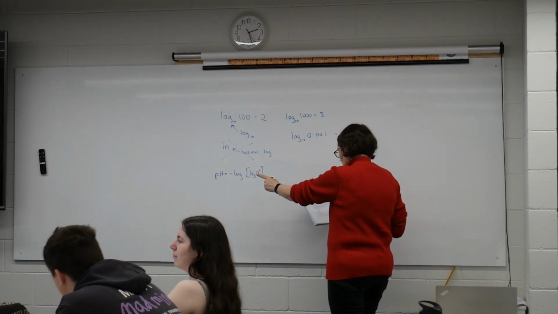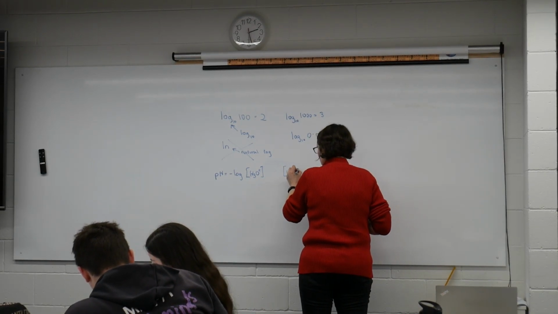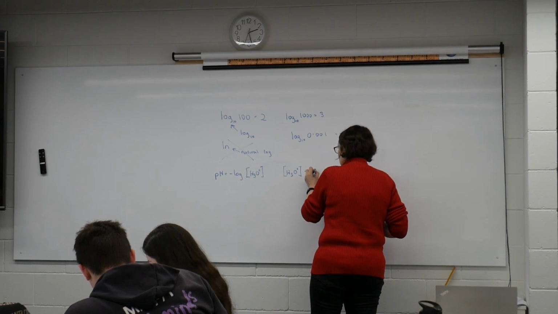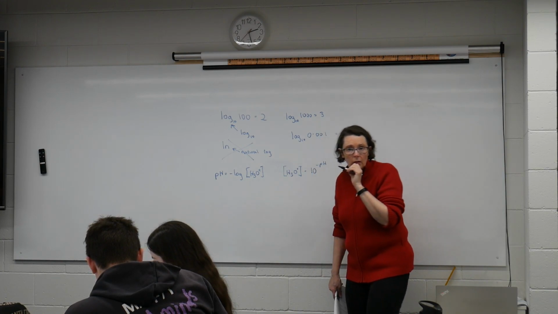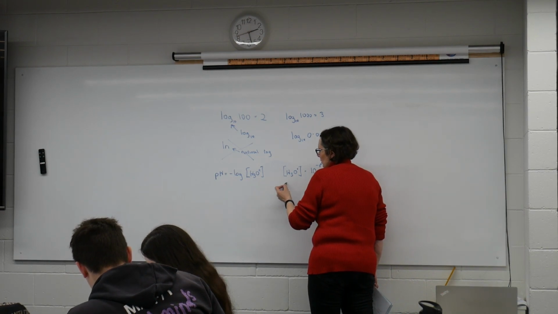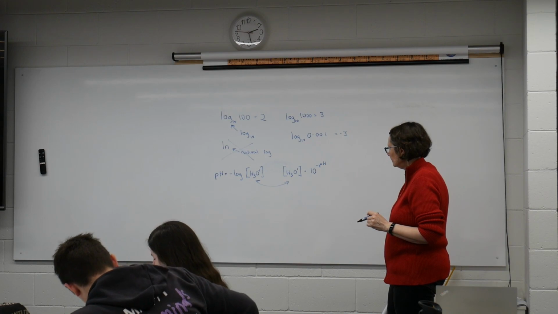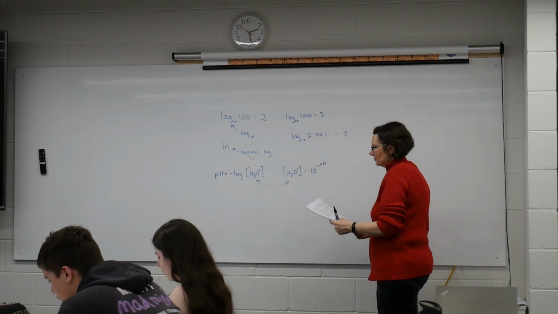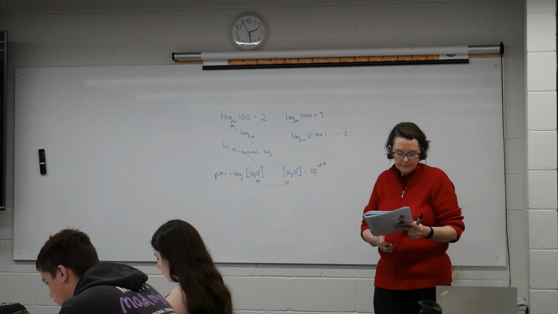So this is on your formula sheets, and this is also telling us that the concentration of the acid is equal to 10 to the power of the negative pH, depending on which way you're going. So you might need to calculate the pH, depending on the way the information is being presented.